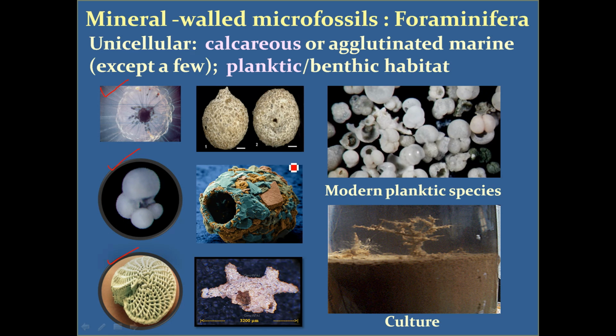And the second picture, which is the color SEM, is showing us that the composition of the agglutinated particle is different in agglutinated foraminifera. The other picture is showing tubular agglutinated foraminifera, and the picture on the right hand side top is showing the assemblage of planktonic calcareous foraminifera, where you can again appreciate that the volume of the test is more. In the bottom picture, a glass jar is shown to you, where a culture of benthic foraminifera can be conducted in a very small space.